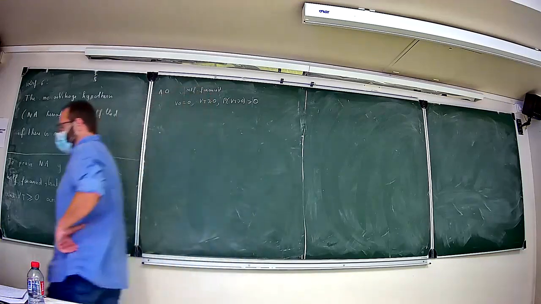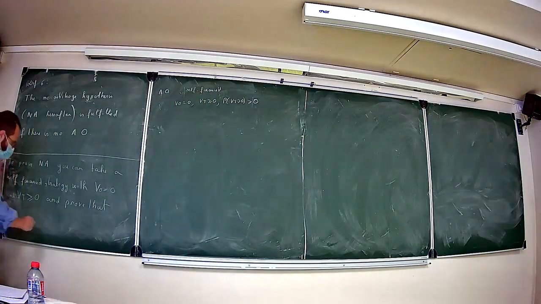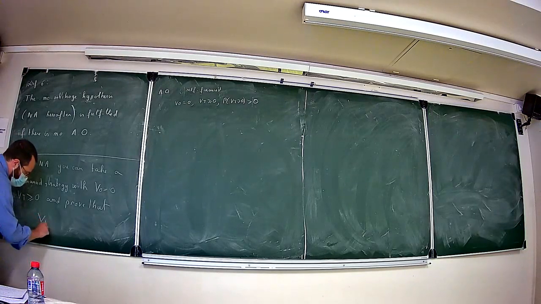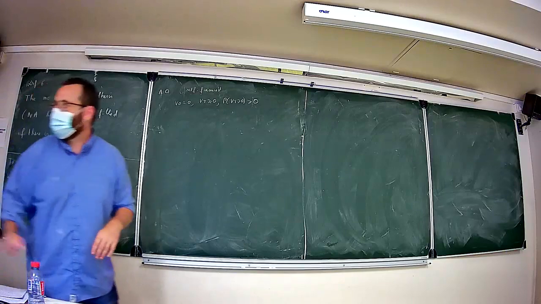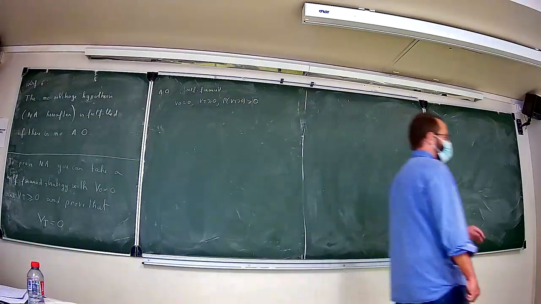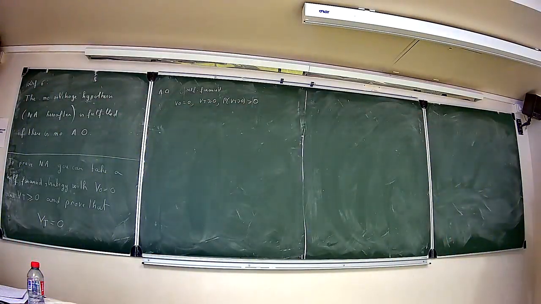In other words, you prove that it cannot be that Vt is positive and not always 0. This is the way to prove that NA is fulfilled: you take something that fulfills the first conditions, and you prove that it's not possible to have the last.